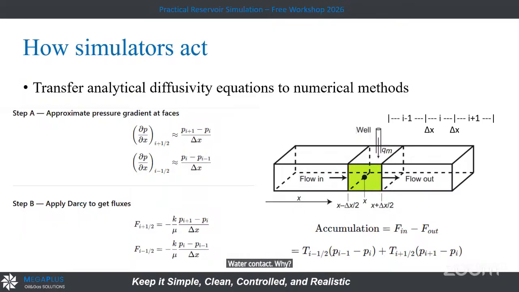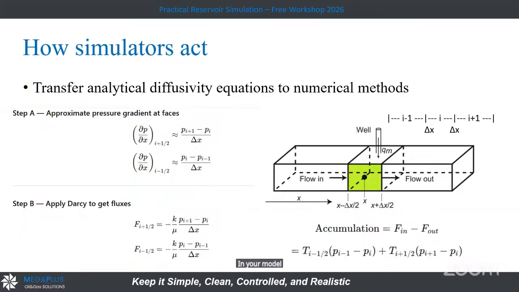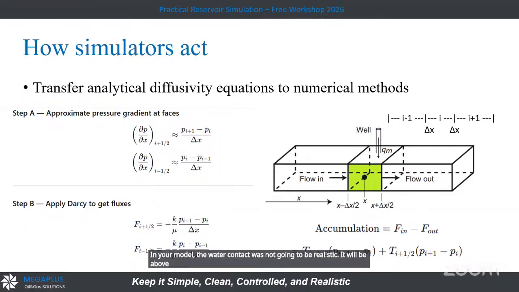Why? Imagine you have a very big volume cell, and the water contact reaches the center of the cell. So the whole cell will be water. In that case, in your model, the water contact will not be realistic. It will be above the real contact.